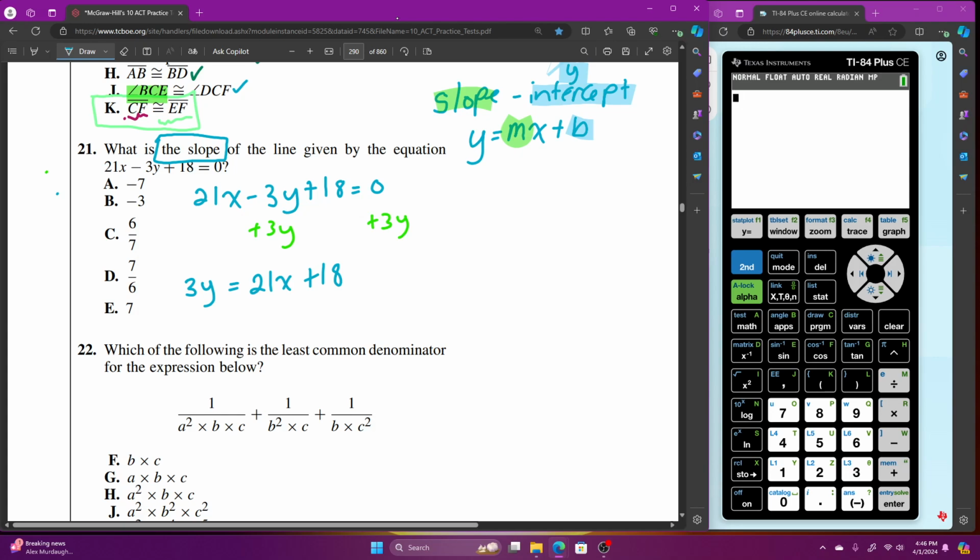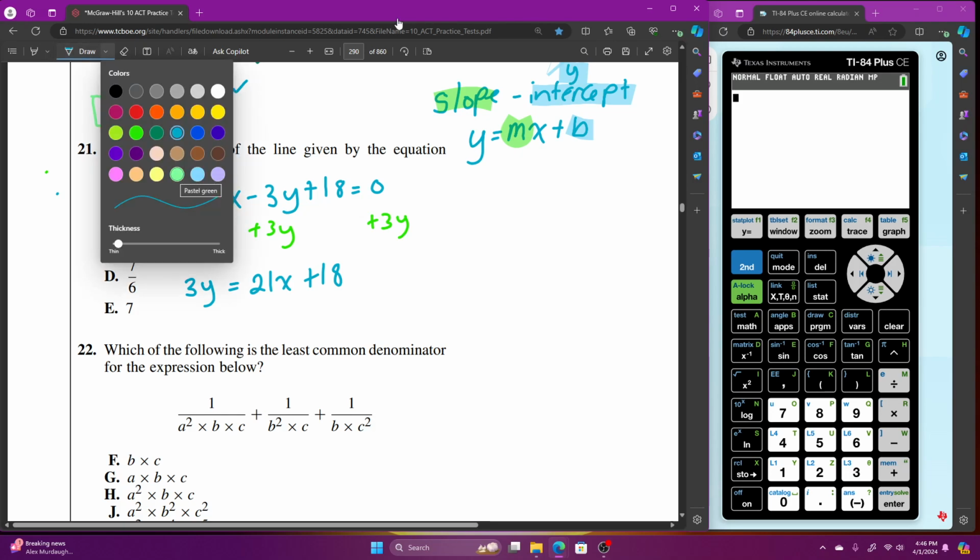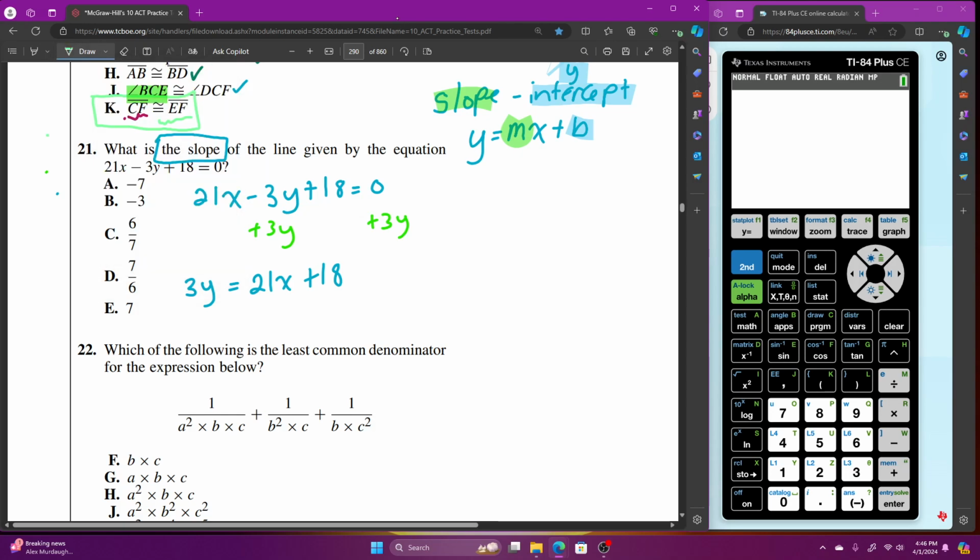What's the 3 and the y doing together? Multiplying. What's the opposite of multiply? Divide every little piece by 3. That'll make our 3's cancel to a great big invisible 1, which means our y is by itself like we wanted.